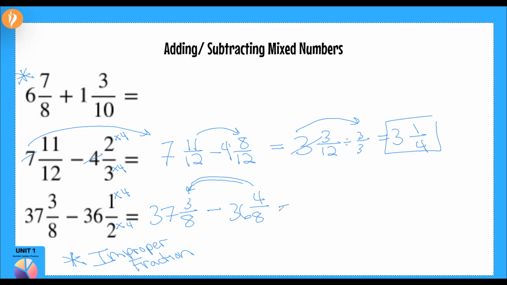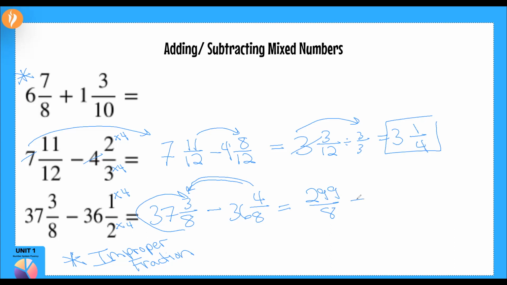All right, so we're going to multiply 37 times 8. So remember, we're going to go around the world. 37 times 8, and then we're going to add 3. So 37 times 8 is 296, and 296 plus 3 is 299 over 8.